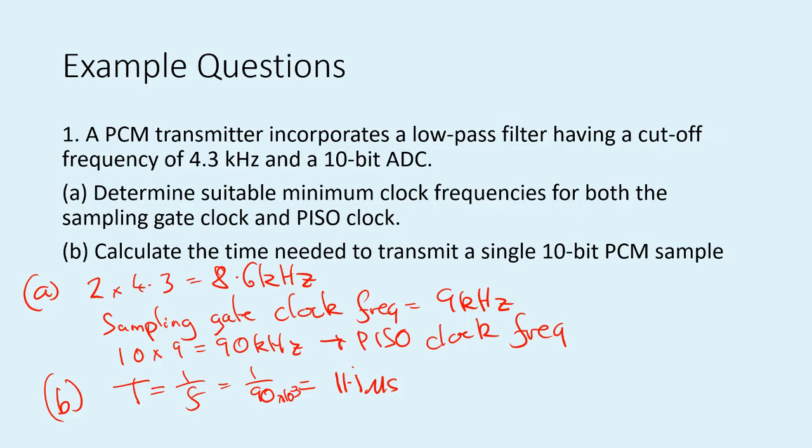Now that is the time for every single clock pulse, but every single clock pulse is the time it takes to do 1 bit, not all 10. So we need to multiply this value by 10 to work out the time it takes to get the whole 10-bit sample through. So that's 111 microseconds. You could have done 1 over 90, the sampling gate clock frequency. That would have been fine too.